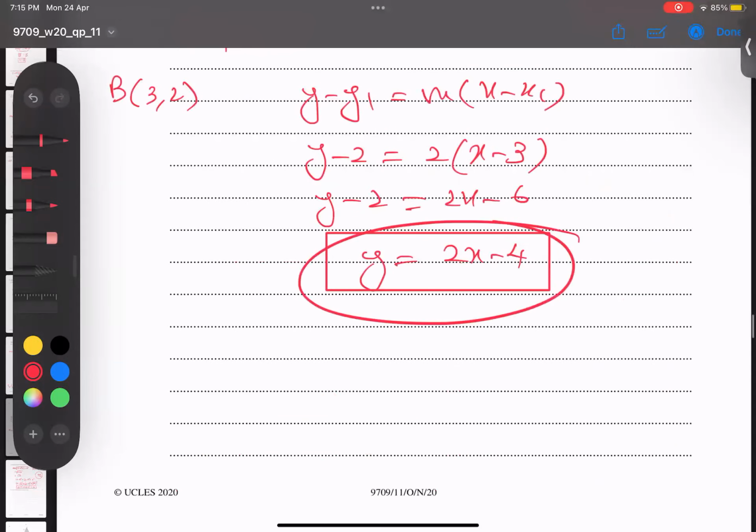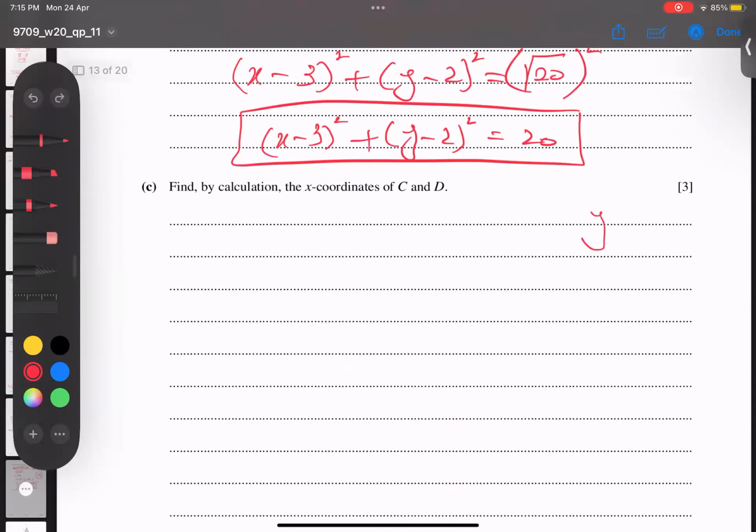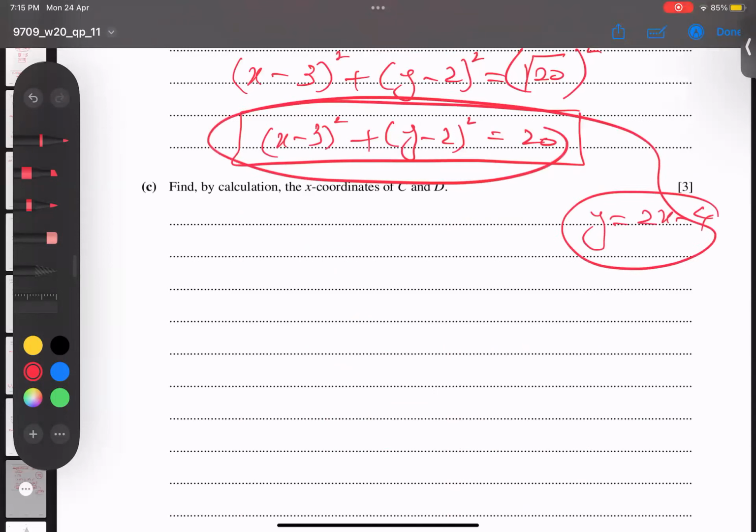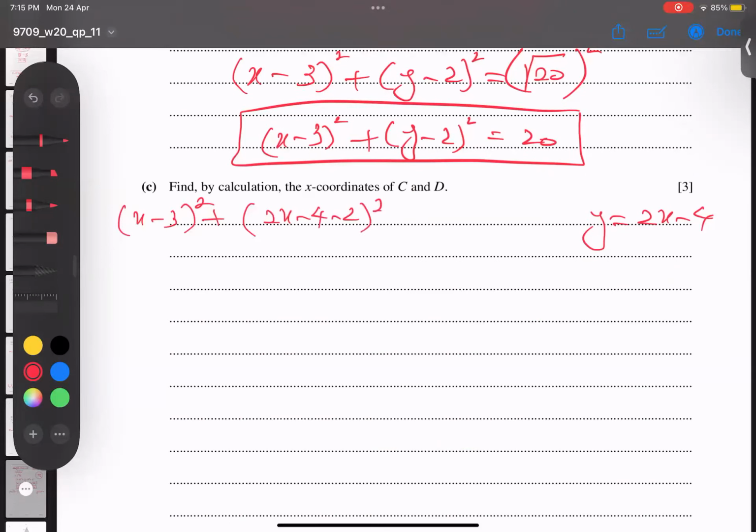This is the equation of the tangent, y equals 2x minus 4. The equation of the tangent and the equation of circle B. So this value I will replace here. When I replace it here, x minus 3 whole square plus 2x minus 4 minus 2 whole square equals 20. And I am getting x minus 3 whole square plus 2x minus 6 whole square equals 20.